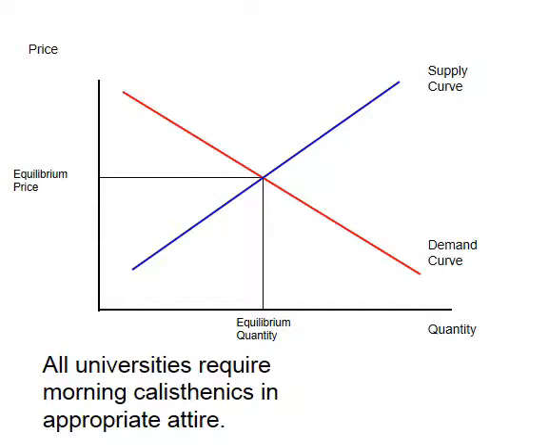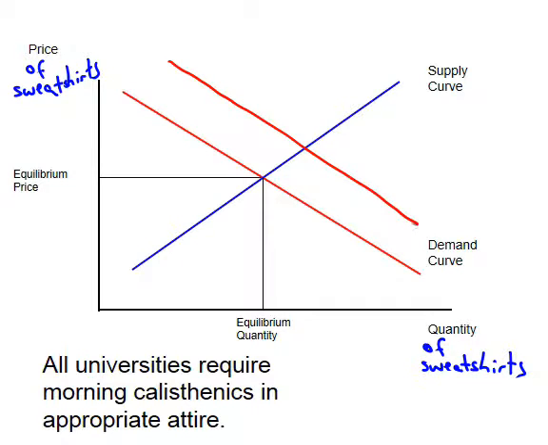All universities require morning calisthenics, in other words, exercises in appropriate attire, meaning sweatshirts. So again, quantity of sweatshirts, price of sweatshirts. Because people now have to wear sweatshirts, whereas maybe they didn't before, we're going to have an increase in demand for the sweatshirts, D1 to D2.